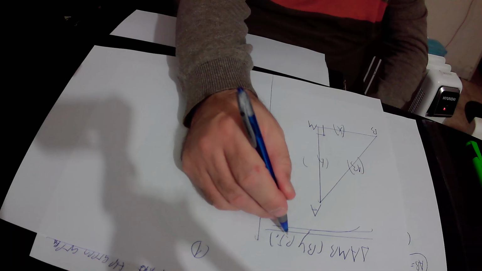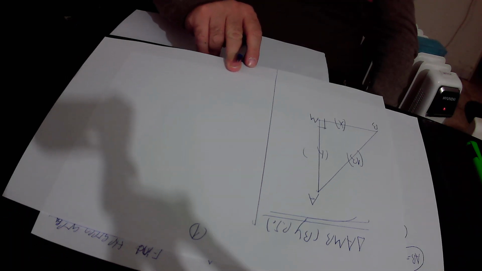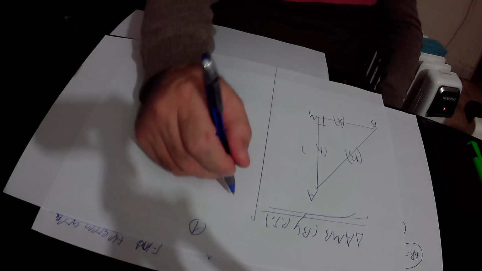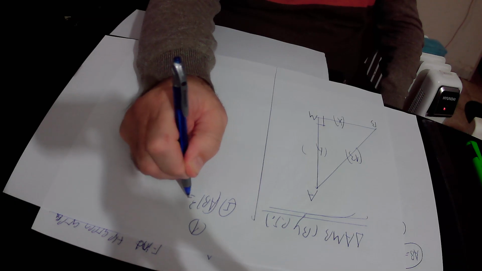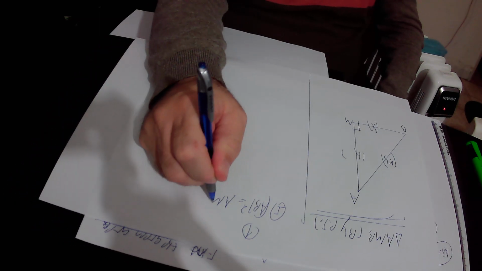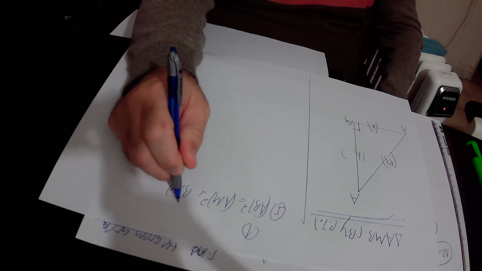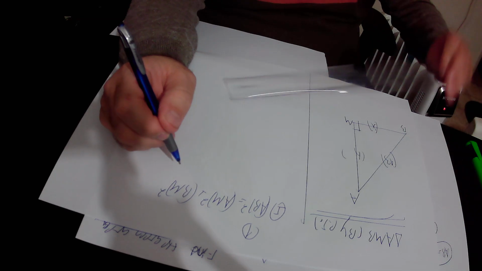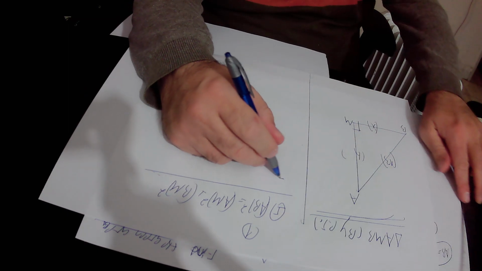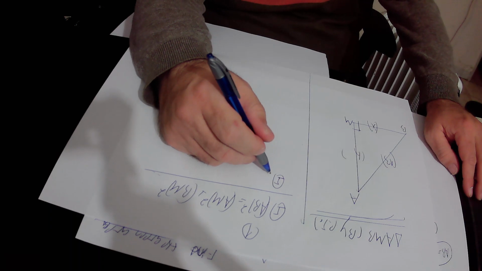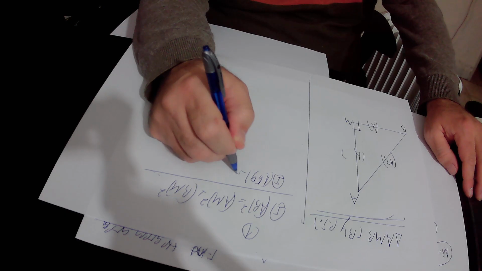So according to the Pythagoras theorem, in this right triangle AMB, AB squared equals AM squared plus BM squared. AB is 13, therefore AB squared is 13 squared, it is 169, and it is equal to AM squared.